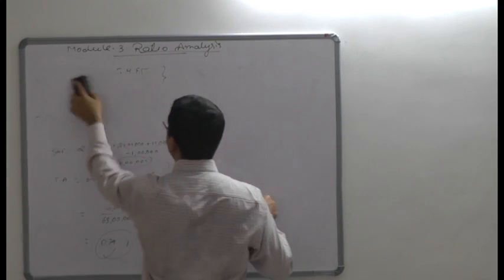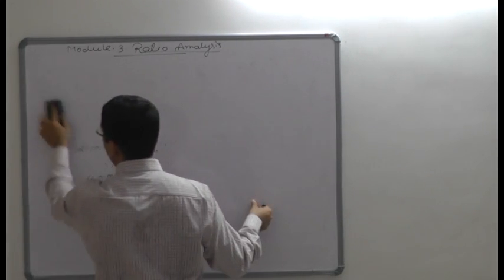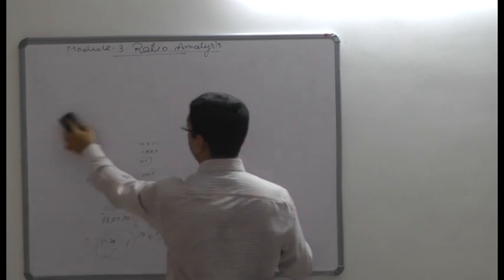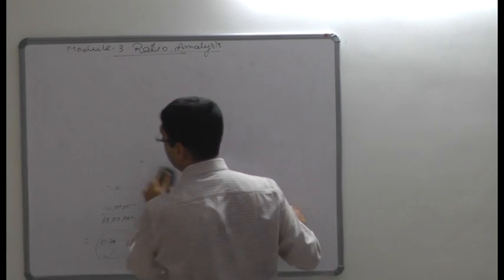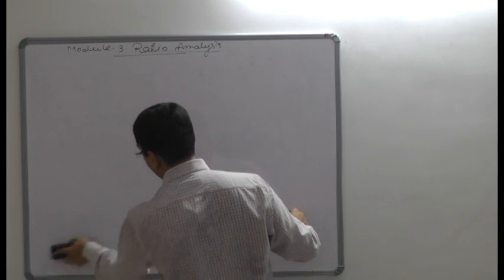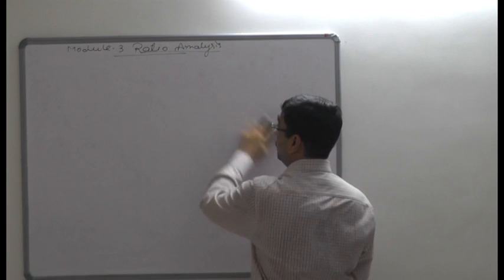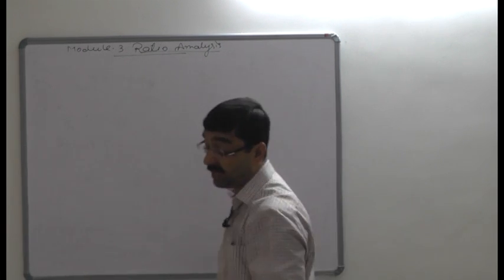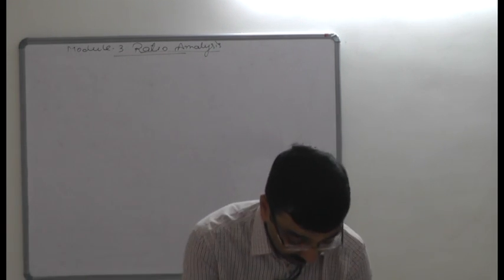Now moving to the next segment, and that is the profitability ratio. But the profitability ratio is on the basis of return on investments. It is not on the basis of sales. So this is a very important part of the concern.